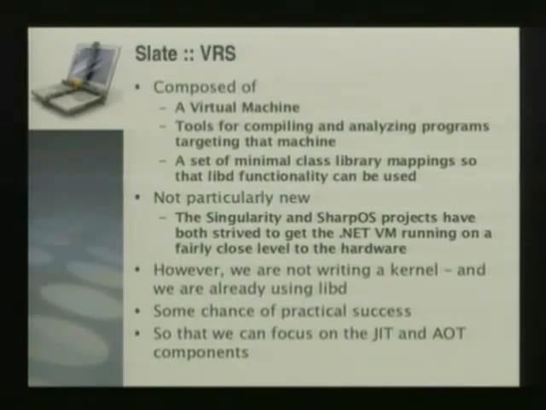It's not particularly a new idea, we admit. The Singularity and SharpOS projects, for example, have got the .NET virtual machine to run on as its own kernels, but they haven't gotten that far, except, well, Microsoft has, but they have quite a lot of resources compared to open source projects.